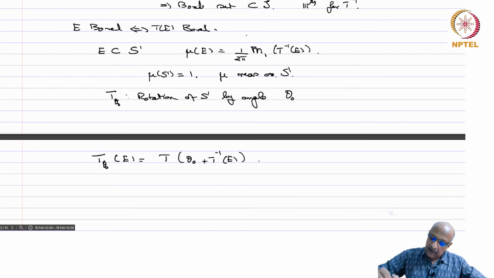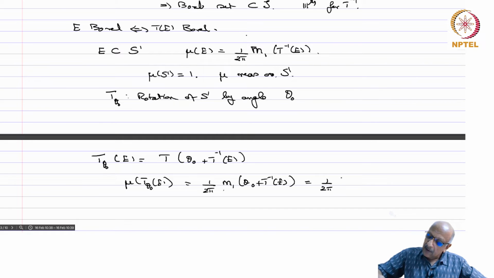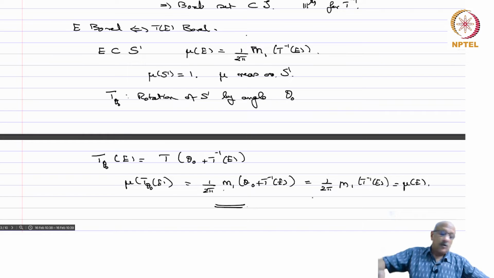Therefore mu of R theta naught of E is equal to 1 by 2 pi of M1 of (theta naught plus T inverse of E) by definition. And M1 is translation invariant, and therefore this is equal to 1 by 2 pi of M1 of T inverse of E, which is equal to mu of E, and therefore it is invariant under rotations.